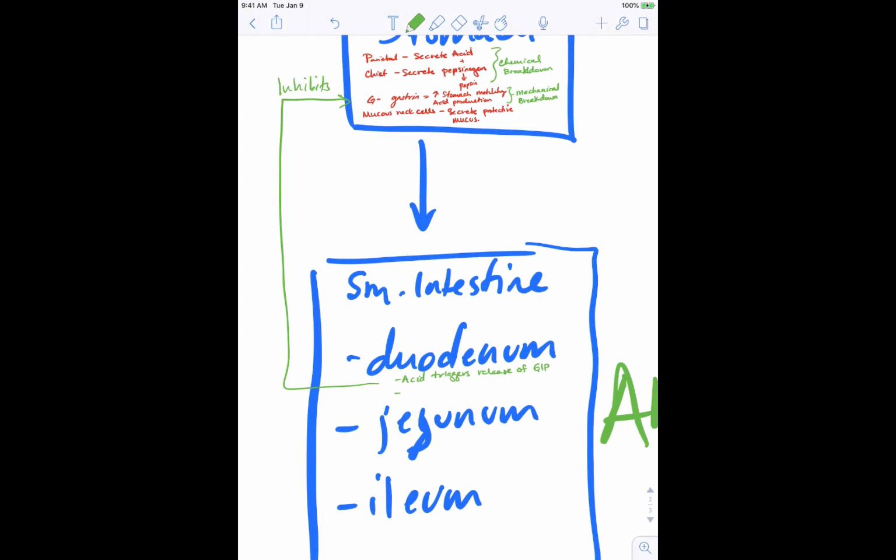But we also want to decrease acid, and to do that, we release secretin, which decreases the activity of the parietal cells. So this basically tells the stomach, hey, it's time for you to chill out. You're not digesting anymore. Now this stuff has made its way into the intestine, and it lets the stomach relax.